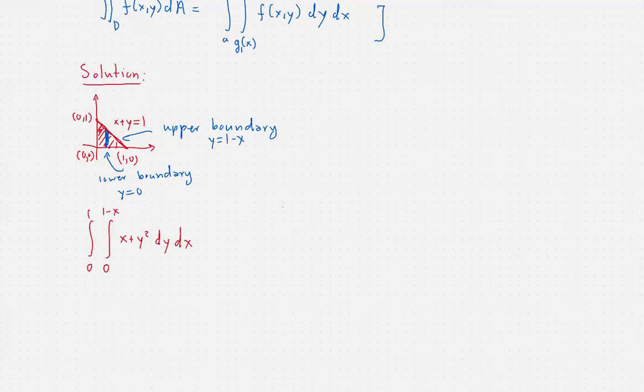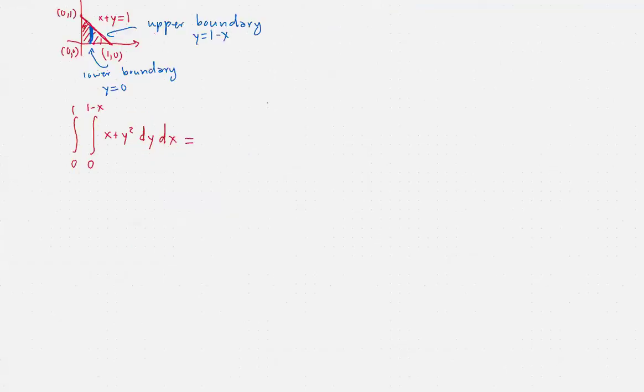And now we integrate first with respect to y. So that will give us xy plus y cubed over 3. And this will go from y equals 0 to y equals 1 minus x. And then we have to integrate this with respect to x.